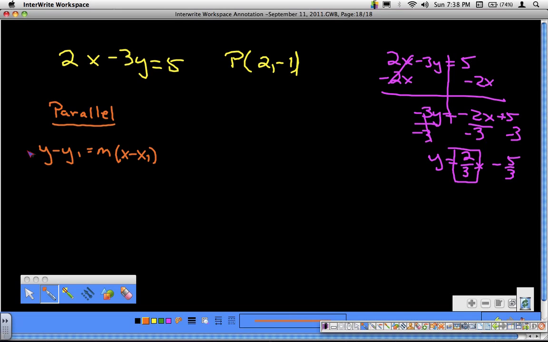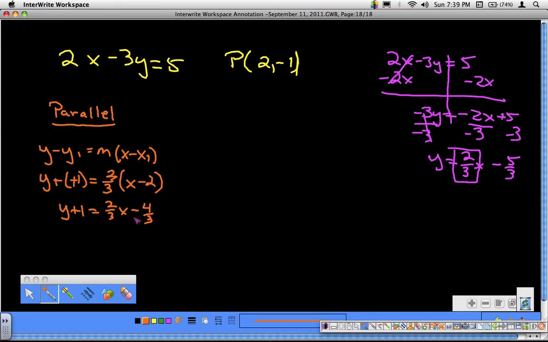So let's plug in. y minus, and y1 is negative 1. Slope, which we just found, 2/3, times x minus, and x1 was 2. Simple as that. So if we simplify here, negative times negative becomes positive, and over here we can distribute, so we're just going to get y plus 1 equals 2/3 x, and 2/3 times 2 is negative 4/3.